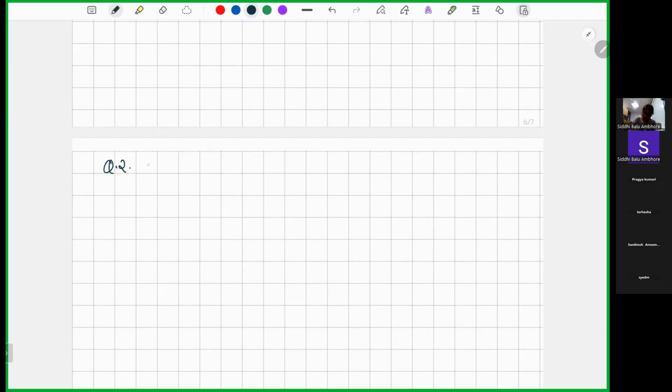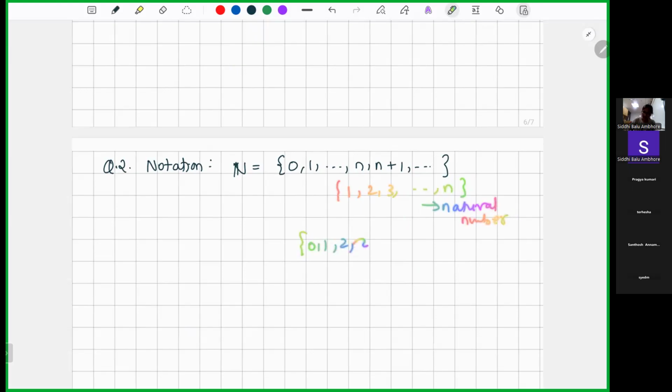So these are some notations or setup. We can say that N is the set of all natural numbers. If you look back at school, we used to call the set {1, 2, 3, ...} natural numbers, and the set {0, 1, 2, ...} we often called whole numbers.